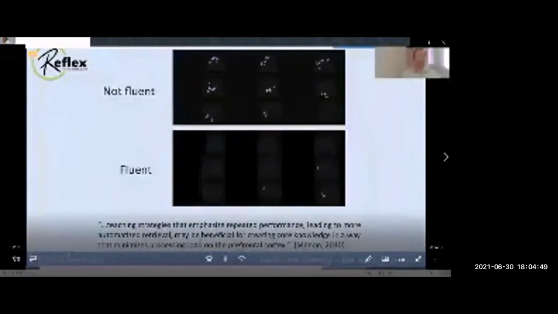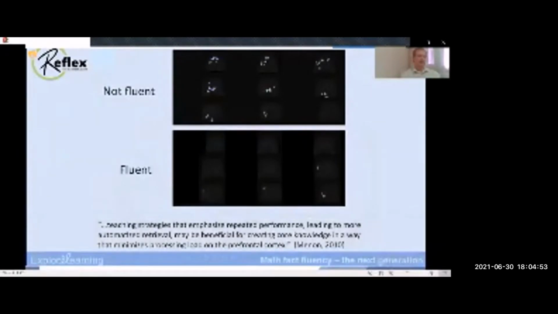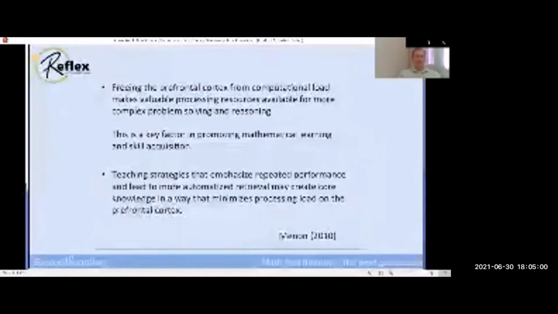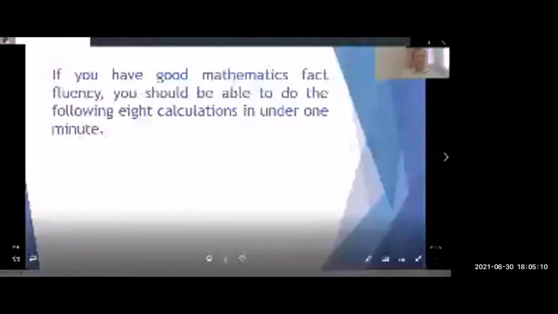In the bottom picture, the students that were fluent show a lot less activity in the prefrontal cortex. So freeing the prefrontal cortex from computational load makes valuable processing resources available for more complex problem solving and reasoning.